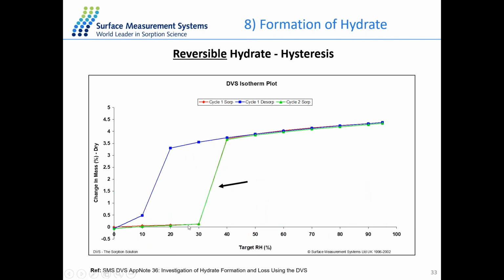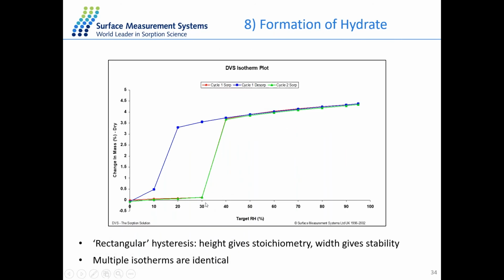And it's very clear in the isotherm, with the blue and red lines for the first cycle and the gray line for the second cycle. The second cycle is exactly the same as the first cycle, so it's a perfectly reversible hydrate formation. If this hydrate formation occurs at one specific humidity step, we can use this isotherm.